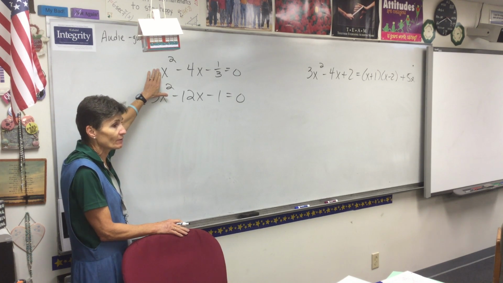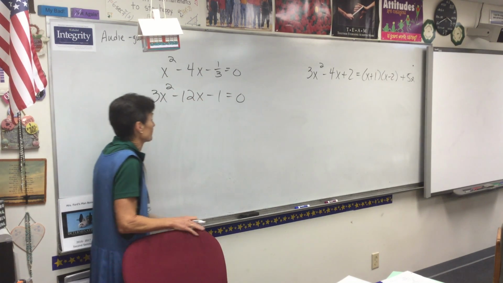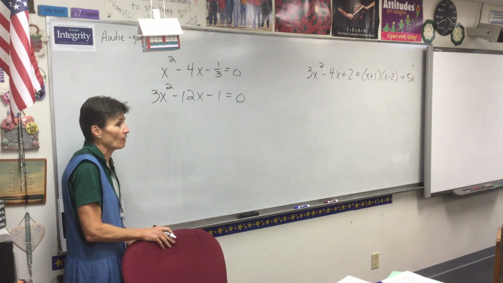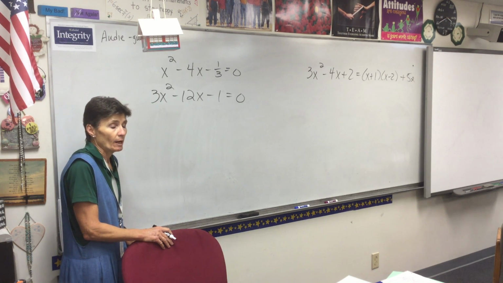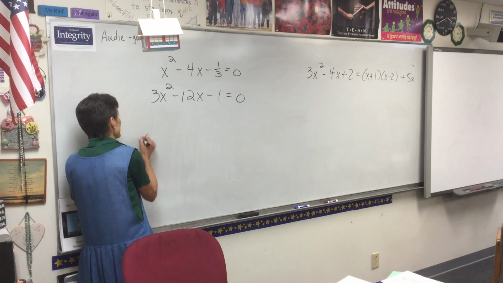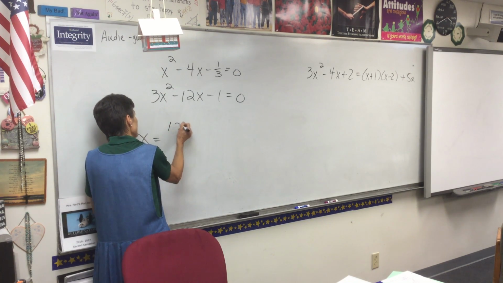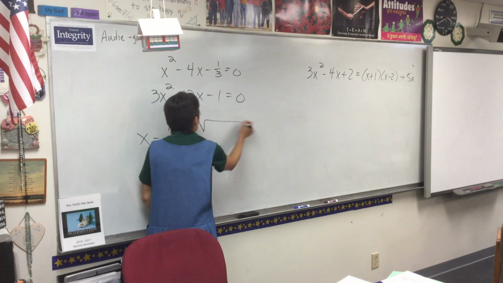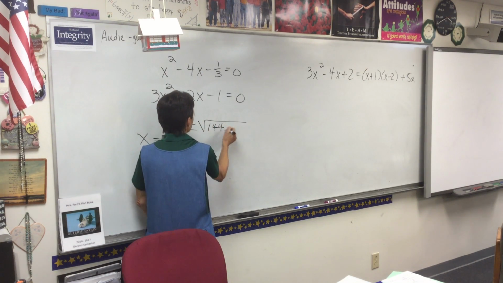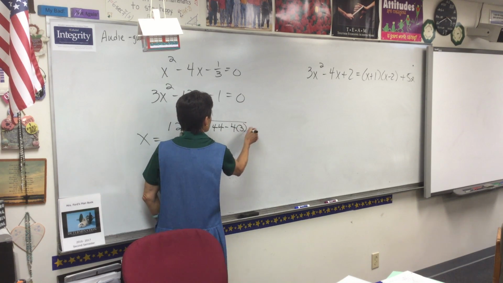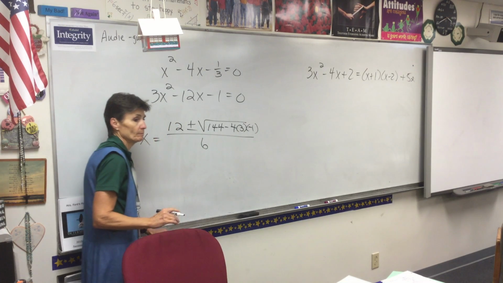So if I'm not very handy with fractions, I could just multiply by 3 like Christina said, and now I'll just do my quadratic formula and I don't have to mess around with fractions. So here we go, quadratic formula: x equals negative b plus or minus the square root of b squared minus 4 times a times c, all over 2a.